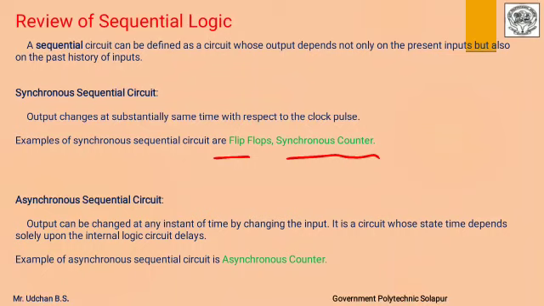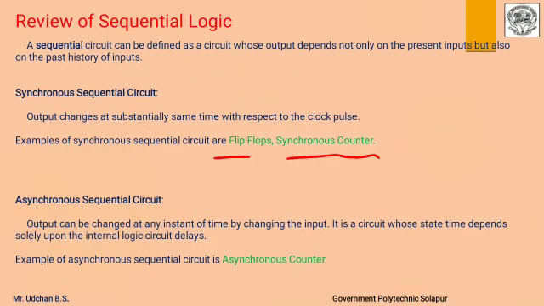Whereas in an asynchronous sequential circuit, output can be changed at any instant of time by changing the input. Suppose we again consider a circuit consisting of 4 flip-flops; their output will not change at the same time, as the clock input of each flip-flop in the asynchronous circuit is the output of the previous flip-flop.